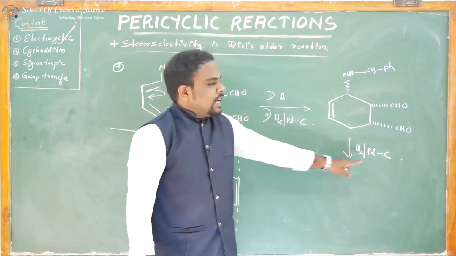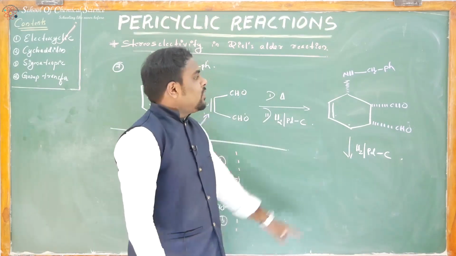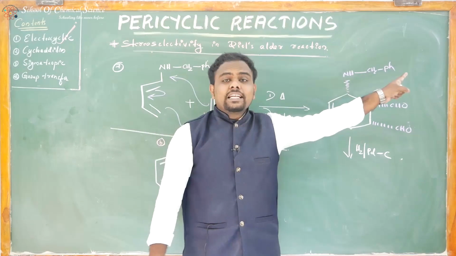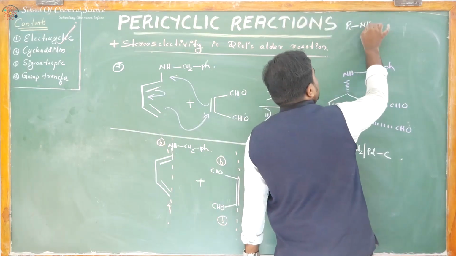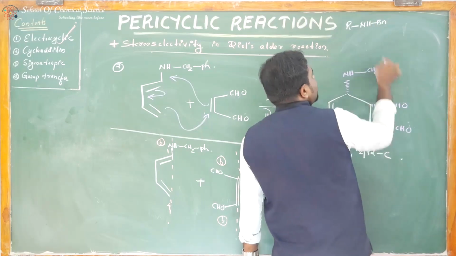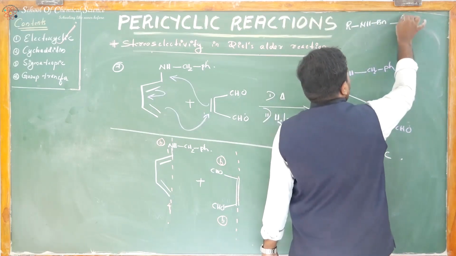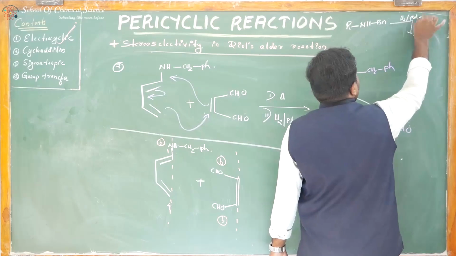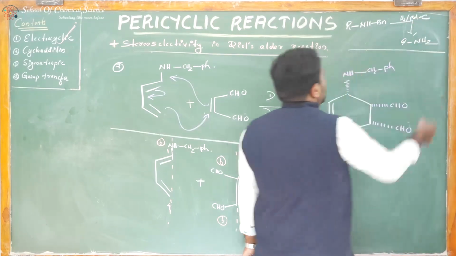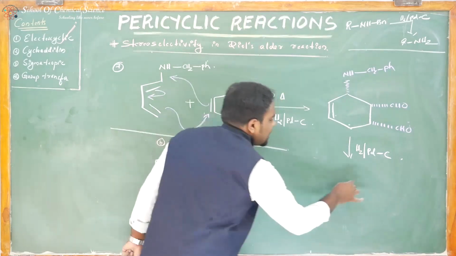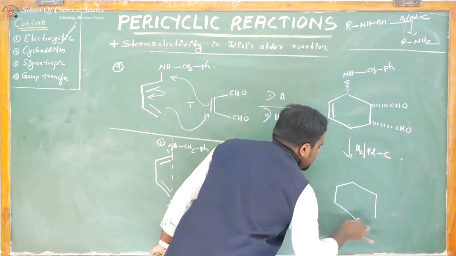Hydrogenation: reduction of the double bond as well as the NHBn. I already told you that Bn, the CH2Ph group, is called Bn. On reduction using H2, Pd/C, this is converted to NH2. So what will be the final product with the stereochemistry?